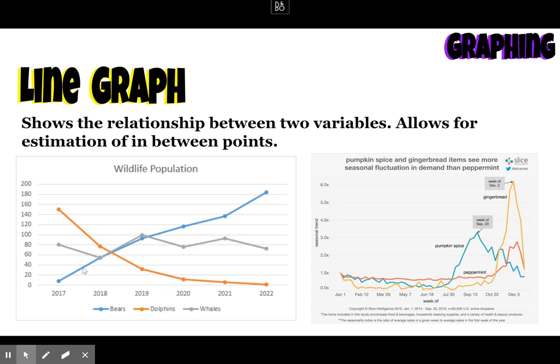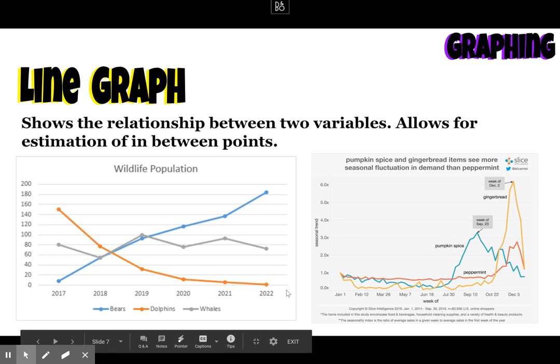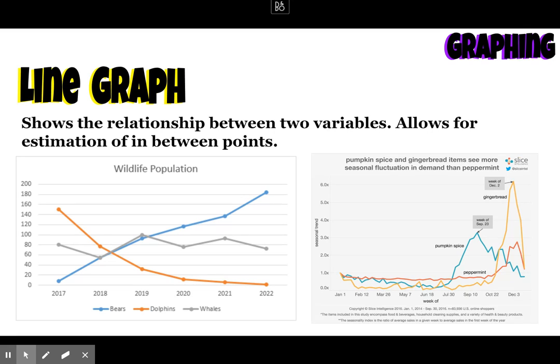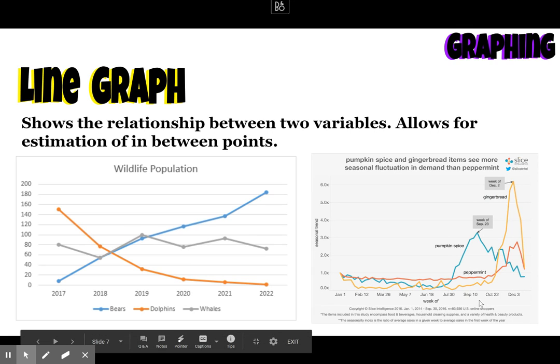And so we're able to see how this is changing over years for each of these species. And then you can look at pumpkin spice and gingerbread items, see more seasonal fluctuation in demand than peppermint. And so again, we can see pumpkin spice, gingerbread, peppermint, and we're able to see the seasonal trend throughout the weeks.